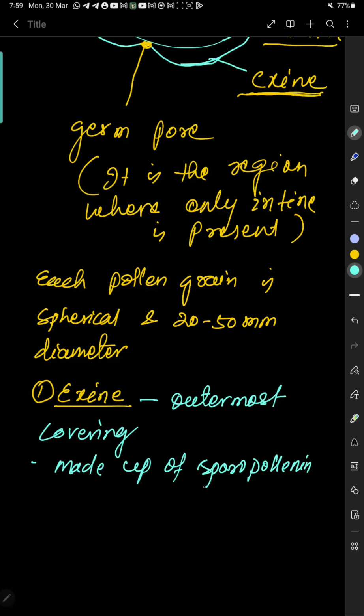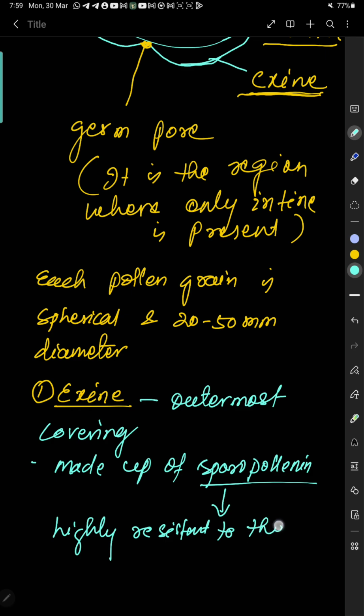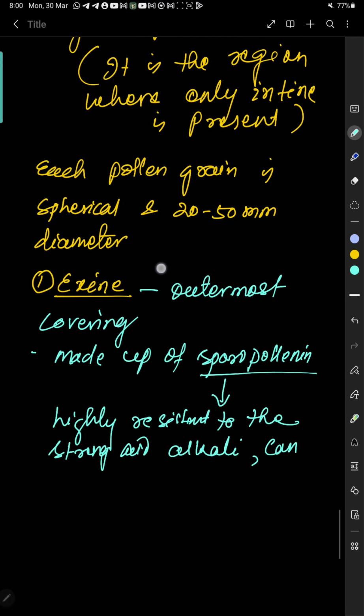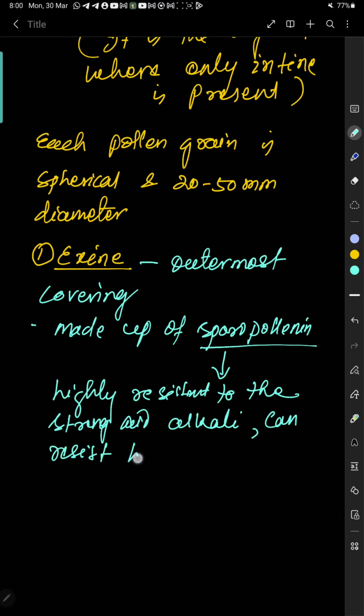Okay, and this sporopollenin is highly resistant to strong acid and strong alkali, can withstand high temperature, and no enzyme can degrade the sporopollenin.